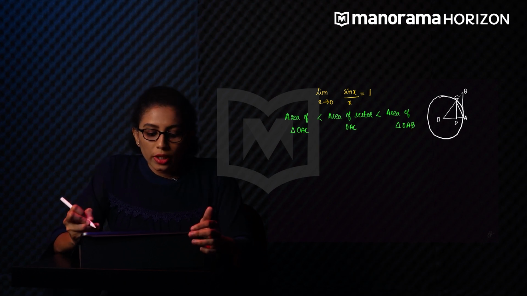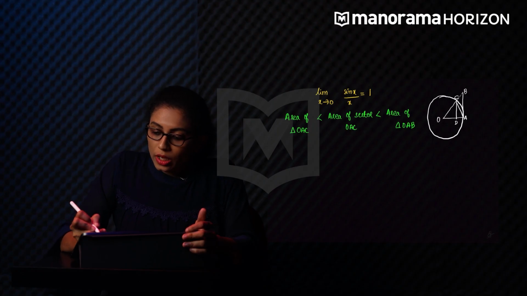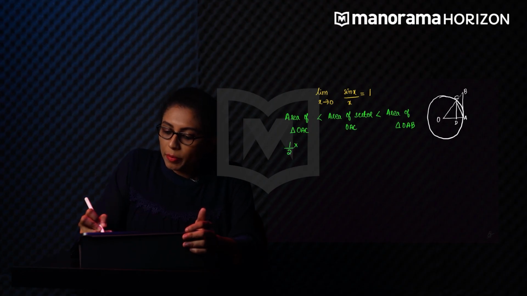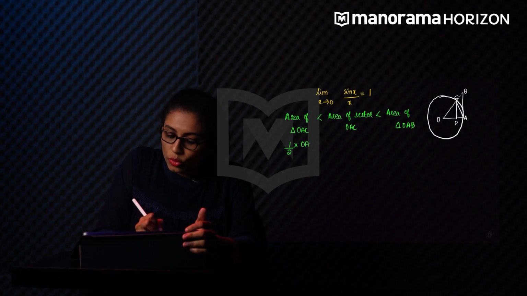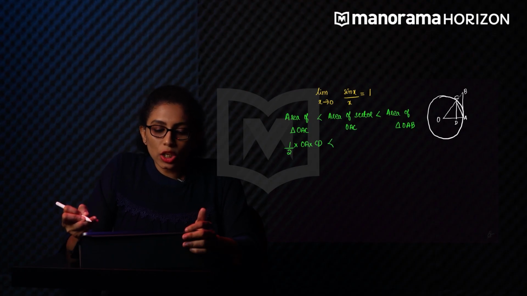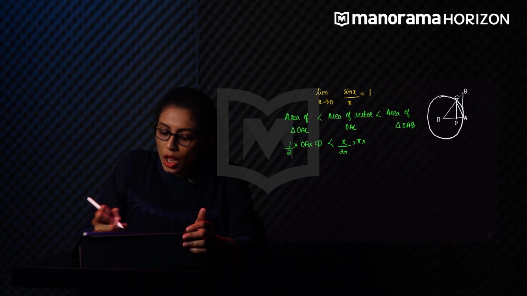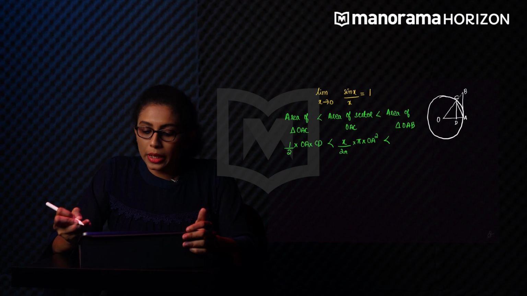Now what is the area of triangle OAC? It is half into base into height. So half into, what is the base? OA into height CD, which is less than the area of sector OAC, which is x by 2 pi into pi r square, that is OA square, less than the area of triangle OAB.